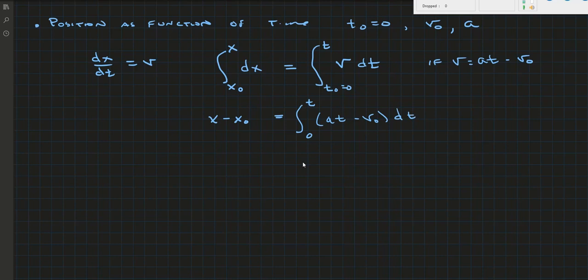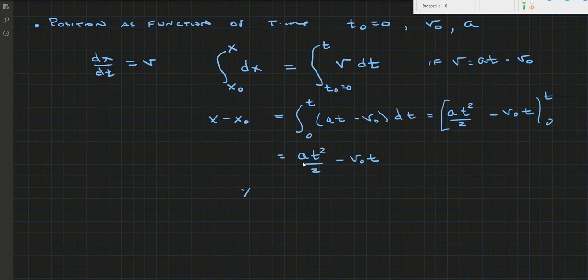Notice v0 and a are constants, so this equals a t squared over 2 plus v0 t, evaluated from 0 to t, which, substituting in t, gives a t squared over 2 plus v0 t.